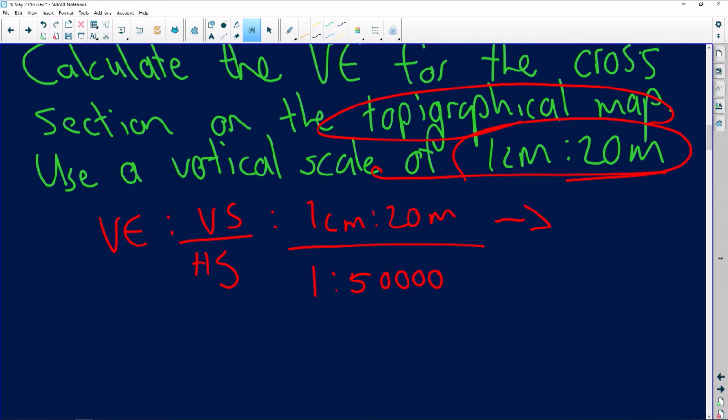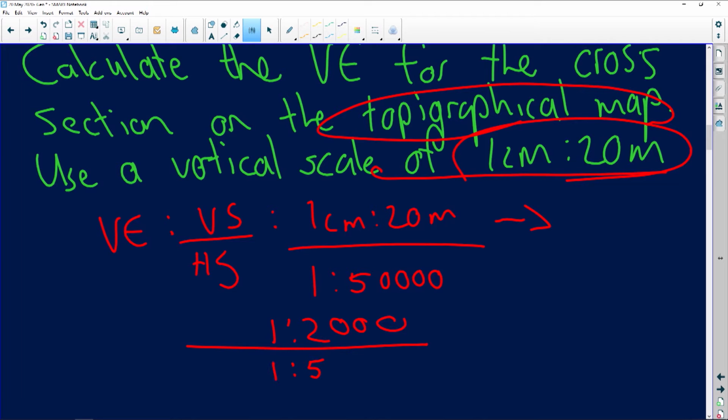Okay, work that out. Correct. How many centimeters is there in 10 meters? If there's 100 centimeters in 1 meter, how many centimeters is going to be in 10 meters? 1,000. How many centimeters is going to be in 20 meters? 1 to 2,000.